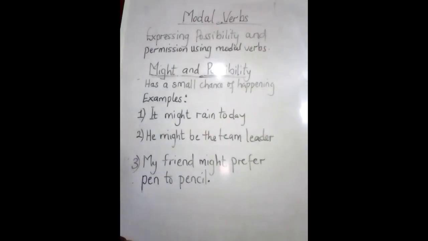All right, so the last one that we're going to consider is might and possibility. That is the use of might as a modal verb to express possibility. Now, what is possibility? Possibility on a general note means the chance of something happening.